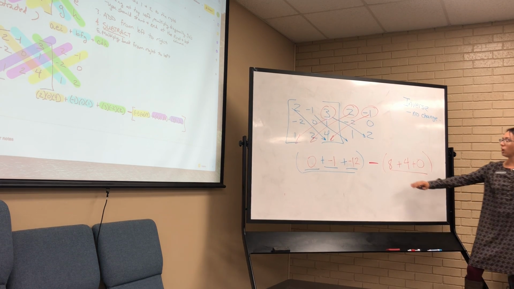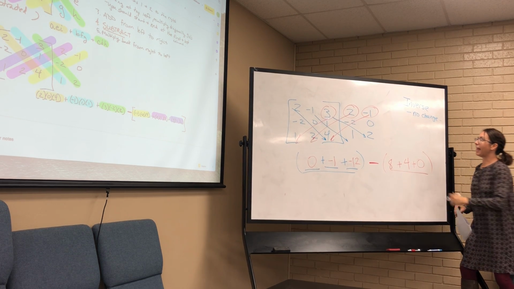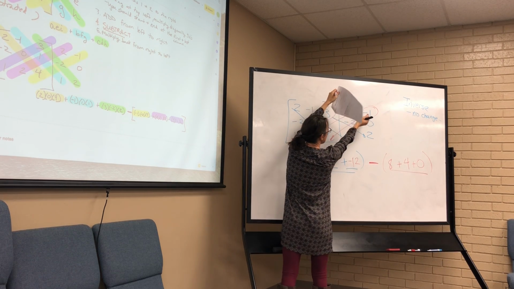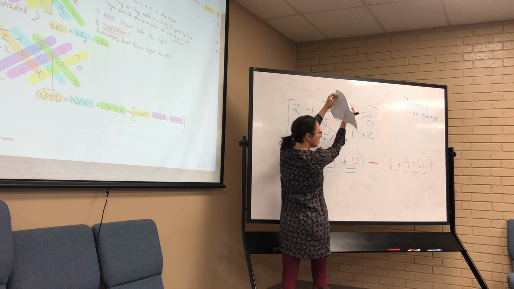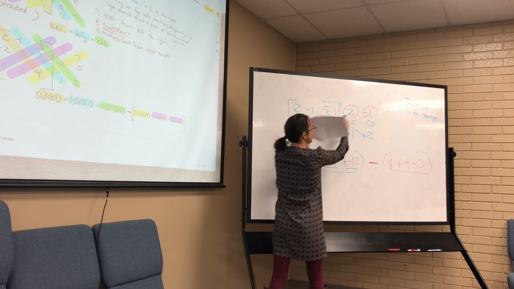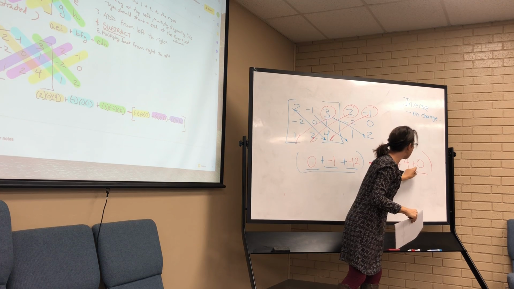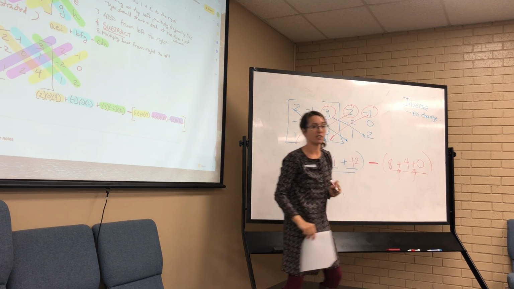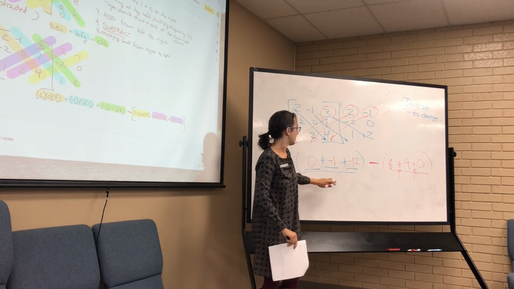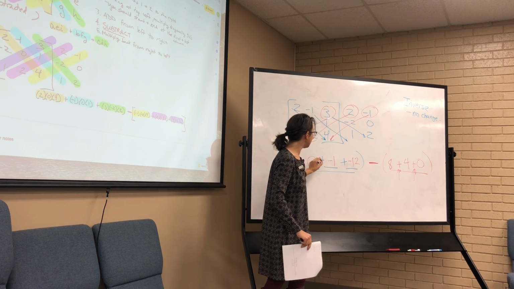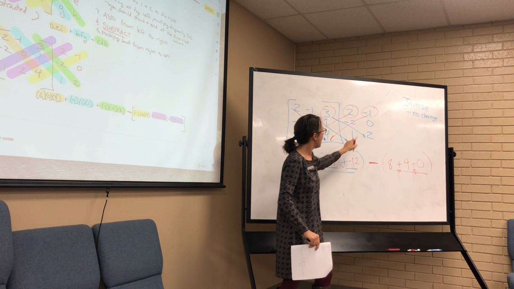Now the thing to note is that when we are grouping all of our negatives, or all of our diagonals that are going towards the negative, they are still added together, right? So everything that goes left to right is added together.